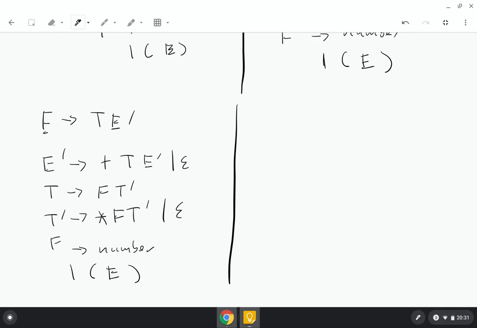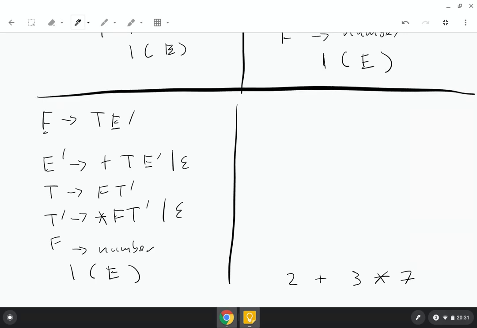Okay, there's our grammar. Let's do something simple without parentheses. Let's do 2 plus 3 times 7 again, since that's what we looked at before, which led us to the ambiguity. Let's assume the starting symbol is E.